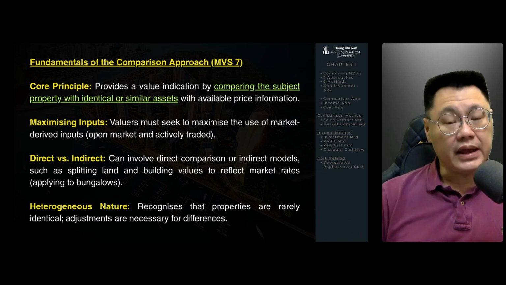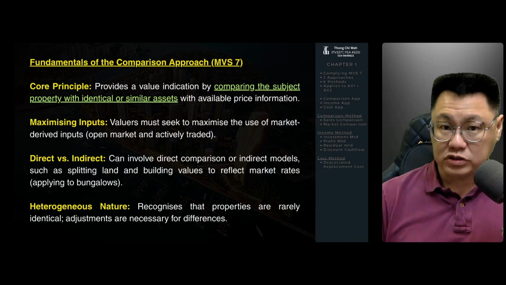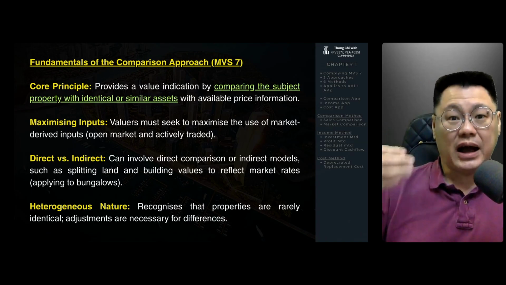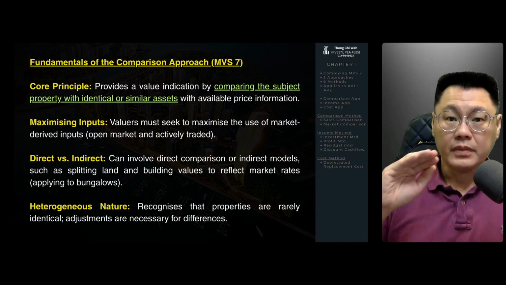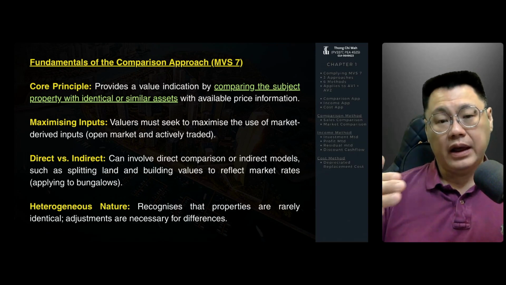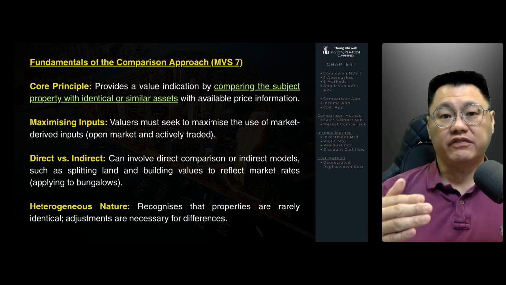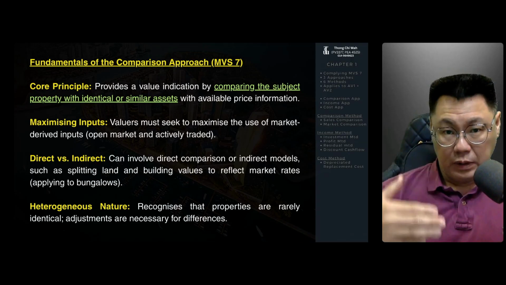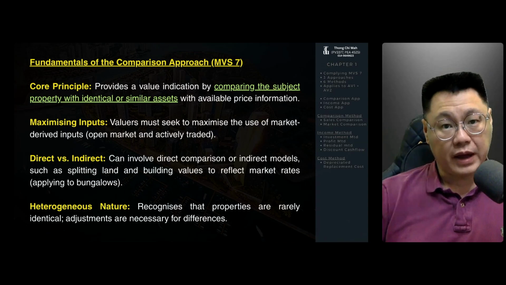They have the same layout, the same built-up square feet, and even the switches are always in the same place. So we call them almost identical. When they're almost identical, we can use the value and then take the time into consideration, because maybe the last transaction was quite some time ago.